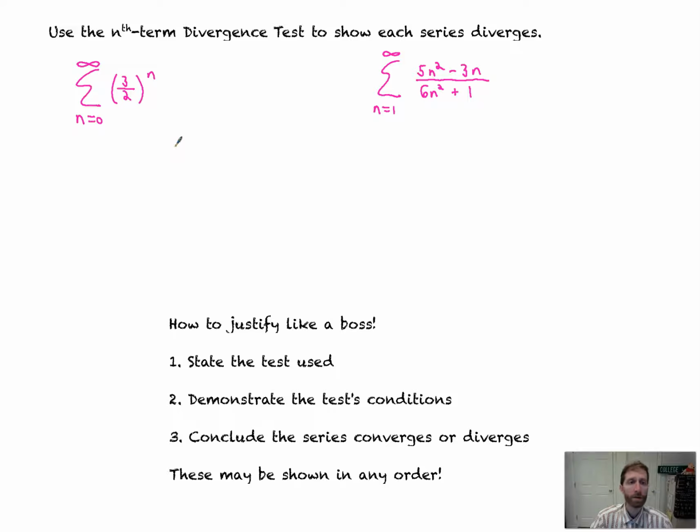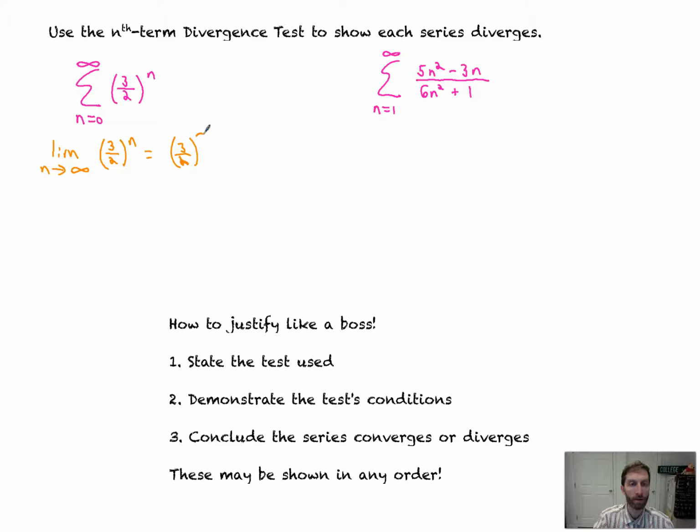First things first, I'm looking at this and I'm thinking 3/2 to the n. If this goes to infinity, I don't think this will equal 0. And sure enough, it won't. So I'm going to start out by saying the limit as n goes to infinity of a sub n, in this case the function 3/2 to the n. What does that equal? Well, that equals 3/2 to the infinity.